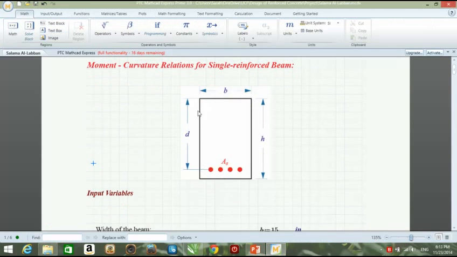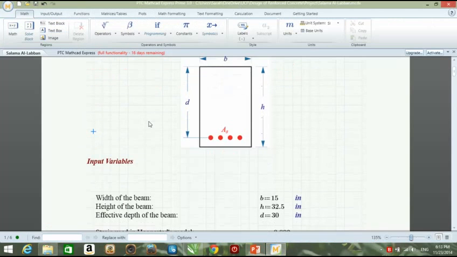Assume the beam is rectangular with width B and height H, and D from the center of the steel to the top of the beam.